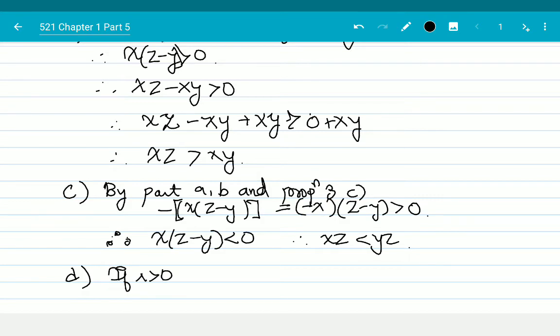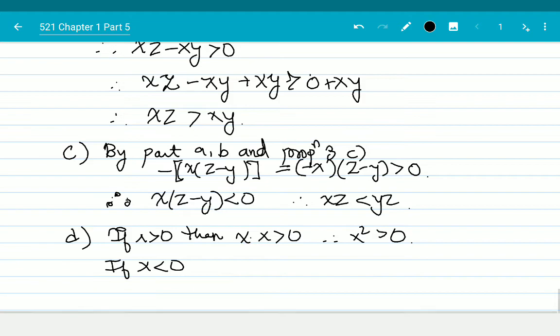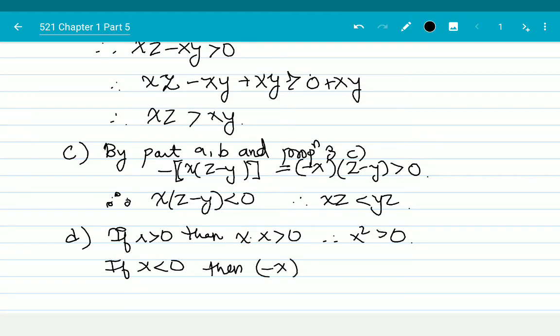If x is greater than 0, then x times x is greater than 0, therefore x squared is greater than 0. If x is less than 0, then negative x is greater than 0. Therefore, negative x times negative x is greater than 0. And therefore, x squared is greater than 0.